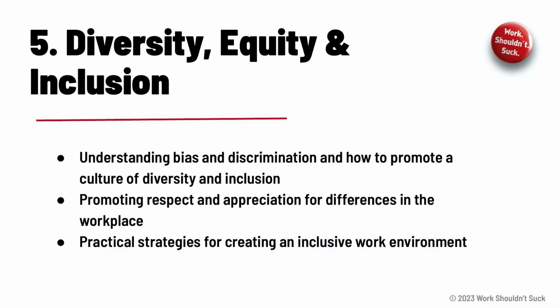The 5th bucket, again, is diversity, equity, inclusion, anti-racism, anti-oppression, justice, however your organization defines this: understanding bias and discrimination and how to promote a culture of diversity and inclusion, promoting respect and appreciation for differences in the workplace, practical strategies for creating an inclusive work environment. This can also be picking up if your organization has been doing work in anti-racism or anti-oppression and had an outside facilitator come in and work with your organization over the years.